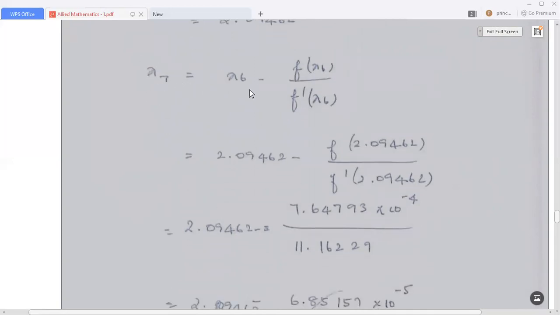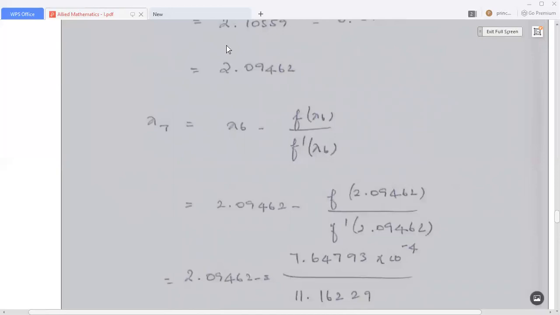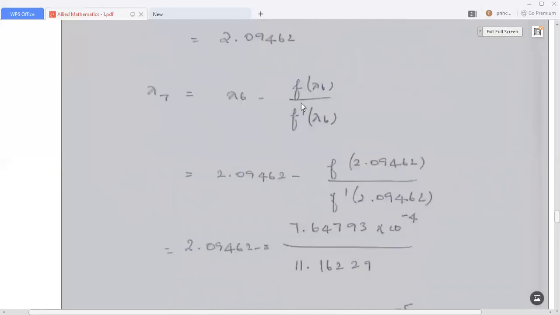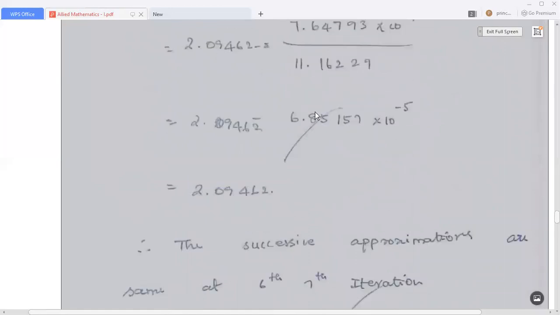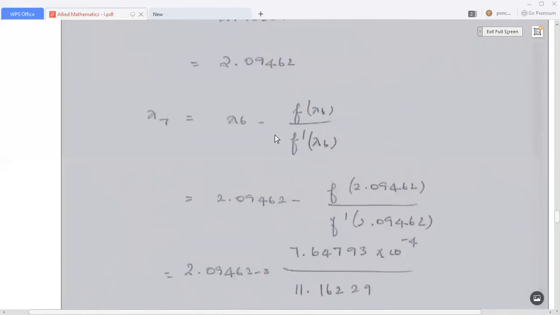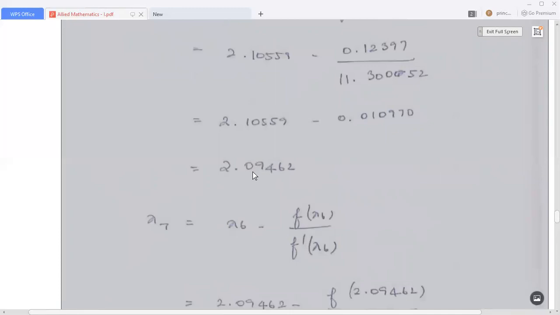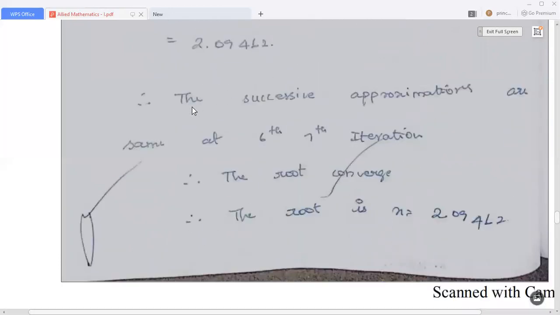x7 is equal to x6 minus f of x6 by f dash of x6. To find x7, we need the x6 value, and that is to be substituted in this expression. Now we calculate this expression, then we get the answer 2.09462. You see the previous value 2.09462. Here x6 and x7 are the same values.